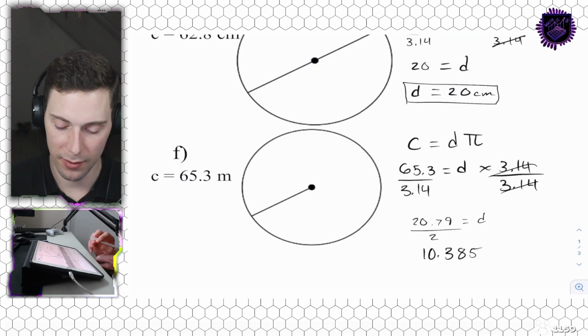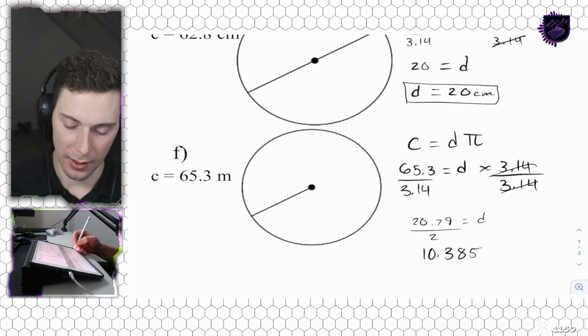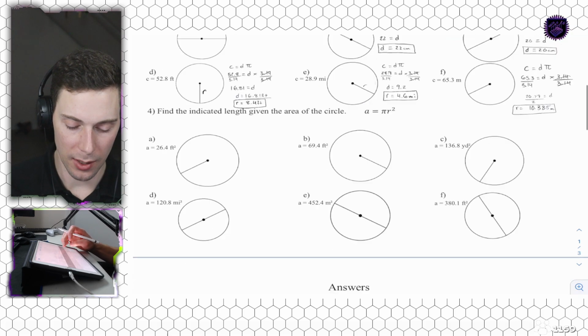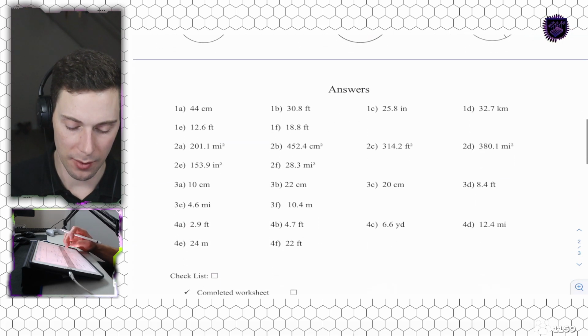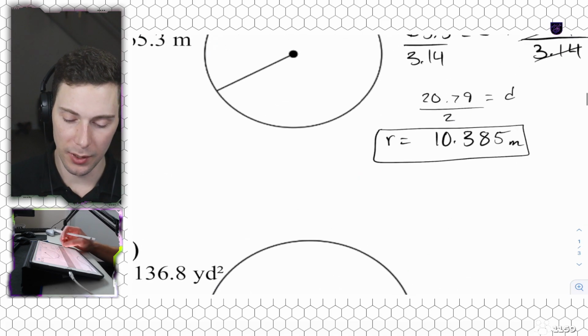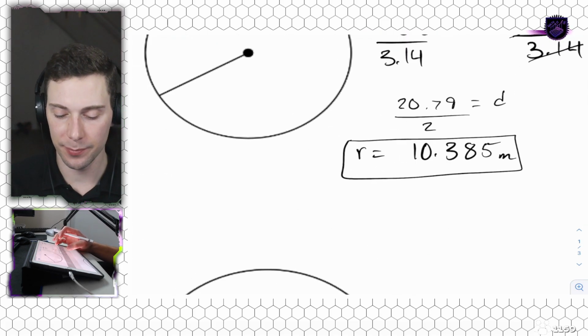Radius equals 10.38 meters. What does our answer say? 10.4. Yeah, it rounded up. Rounded up the tiniest little bit, which is fine.